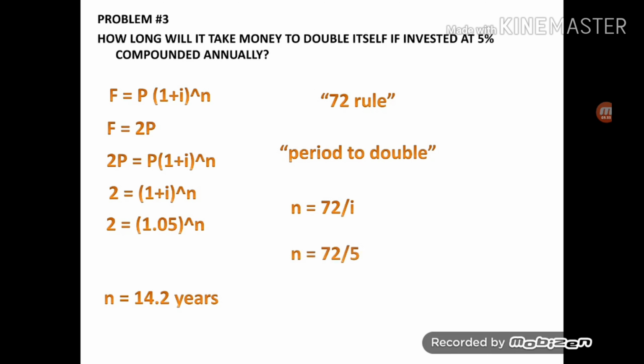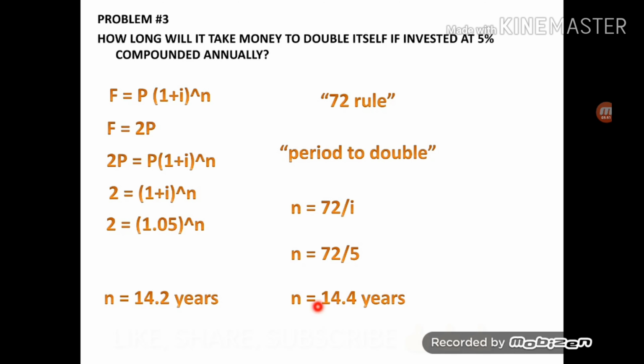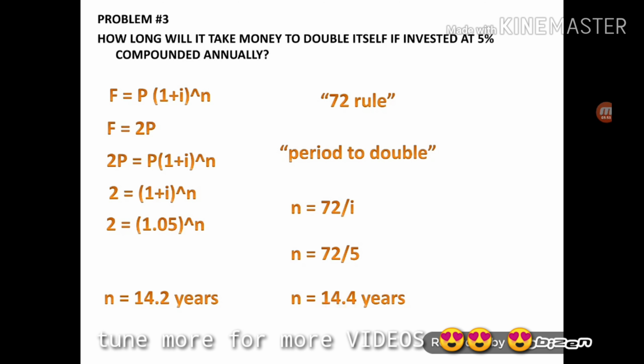So that is 72 and our interest is 5%. So we simply write here 5 and then calculate our n. Approximately, our result calculated using the calculator and using the 72 rule are close.